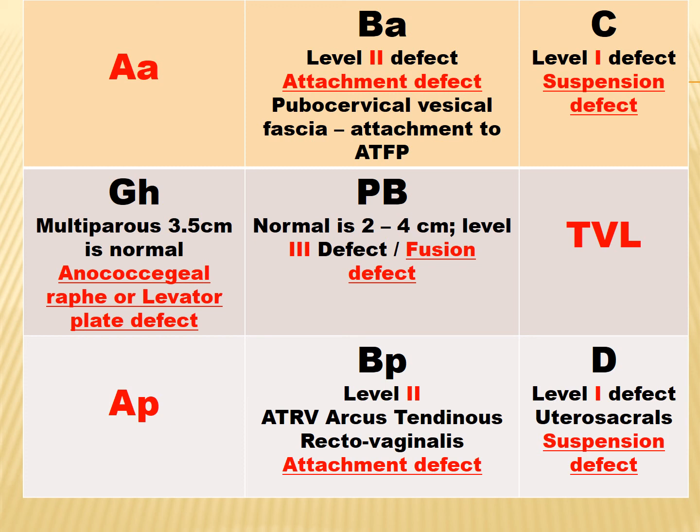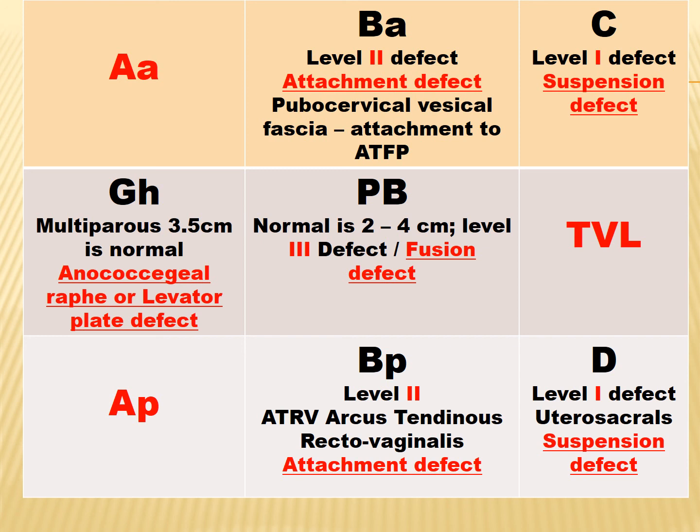Coming to the posterior vaginal wall, point BP. After seeing the value of BP in a prolapsed patient, we can say the patient has a level 2 defect or attachment defect. That is a defect or damage at the arcus tendinous rectovaginalis.